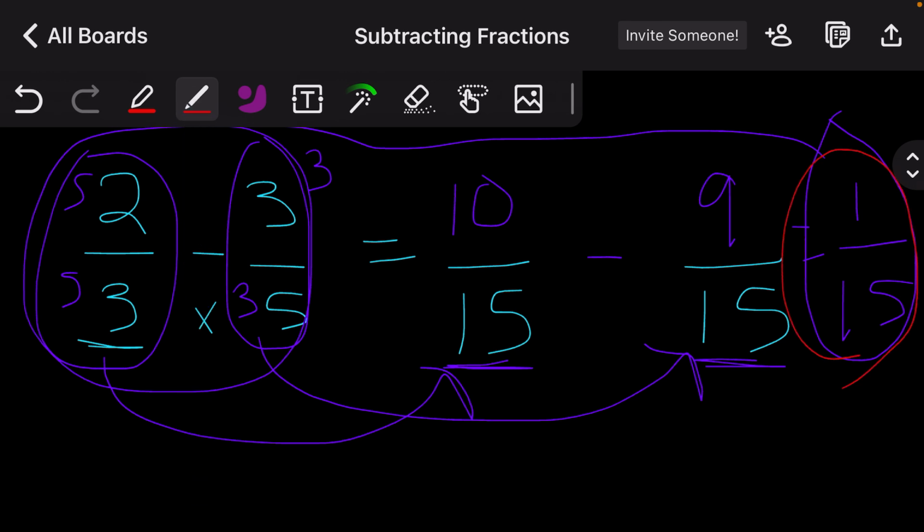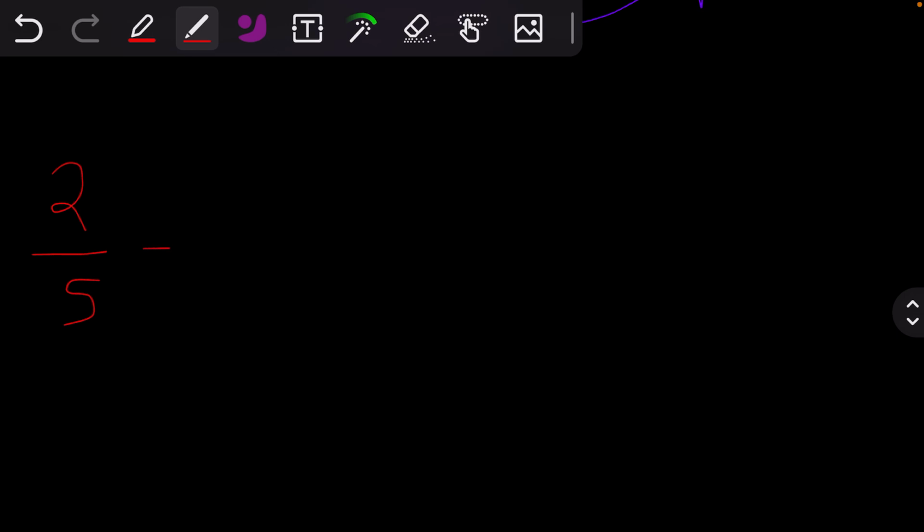Let's try another example. Let's do 2 over 5 minus 2 over 7.